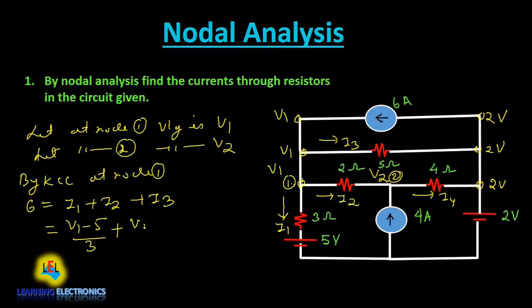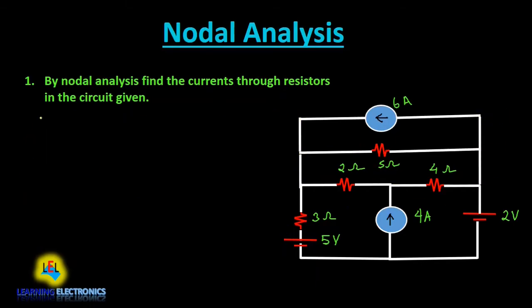Plus I3 is V1 minus 2 divided by 5. When we solve that equation, we get 31 by 30 V1 minus V2 by 2 is equal to 121 by 50. This is equation number 1.